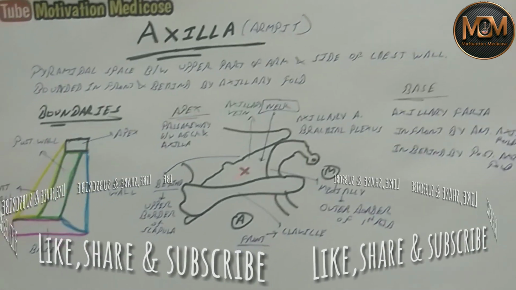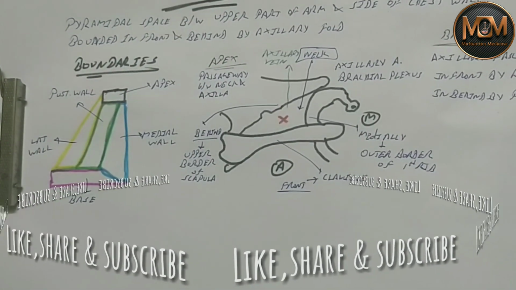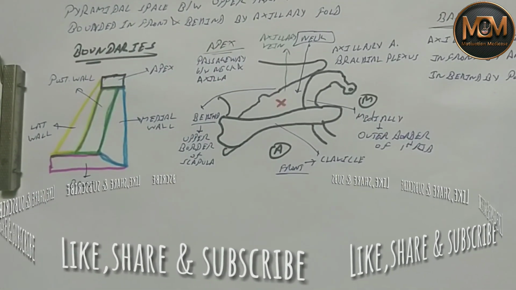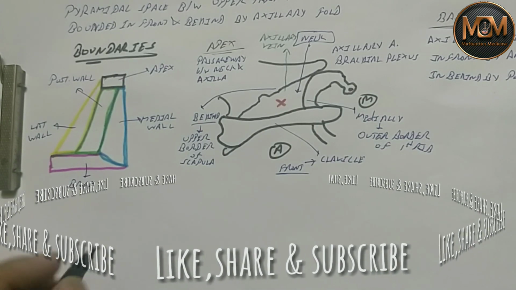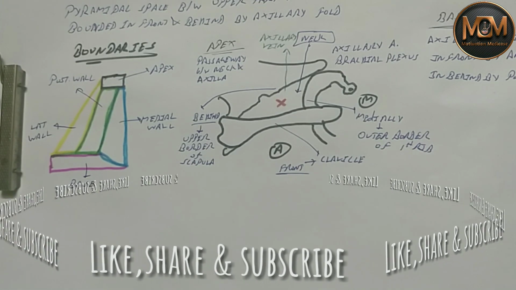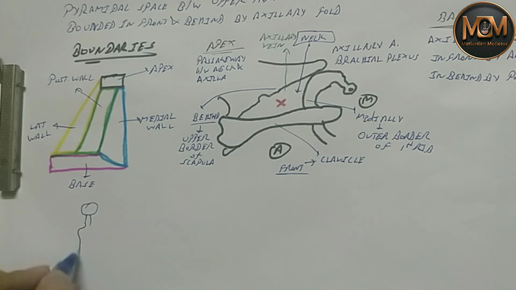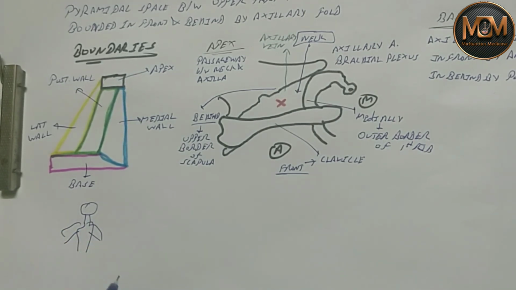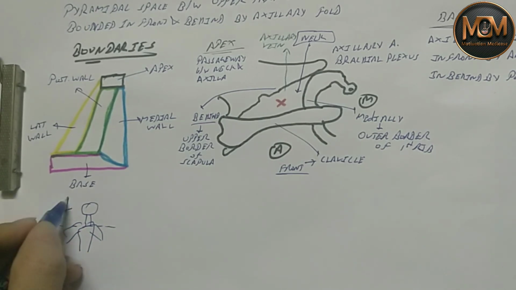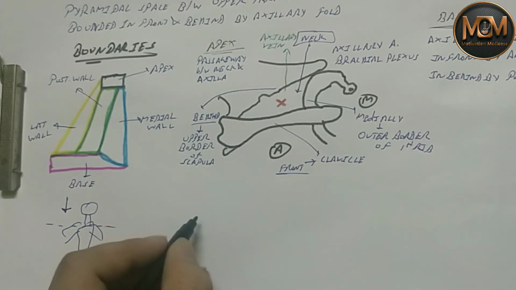Now we study the lateral wall as well as the boundaries. We will also understand that through a diagram. Imagine there is one person standing like this, and if we cut horizontally and watch from above, how will it appear?